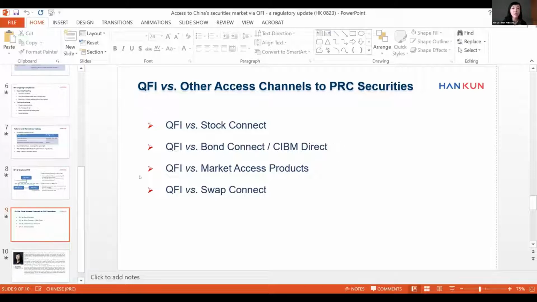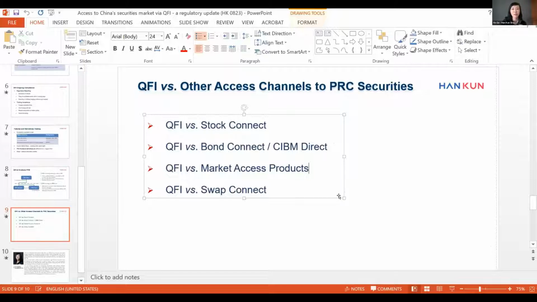And then the QFI versus market access products, because in the past, and also currently, we know that some managers, in order to save the application process, use some market access products to gain economic exposure to the A shares. But it's only economic exposure.